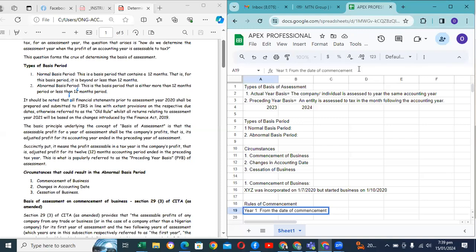So in all of the lectures, we'll be adjusting the laws to the Finance Act provisions. So that may disrupt what you know before. So I will advise that you have the ability to unlearn and relearn a lot of things that you seem to know before. Having said that, the rule is from the date of commencement to the first accounting year.